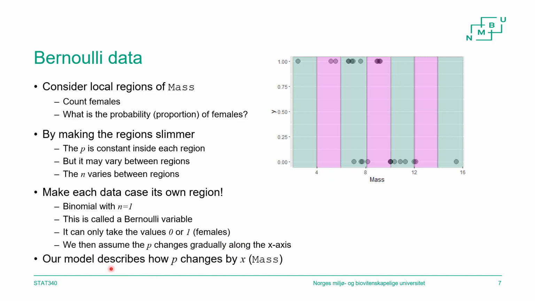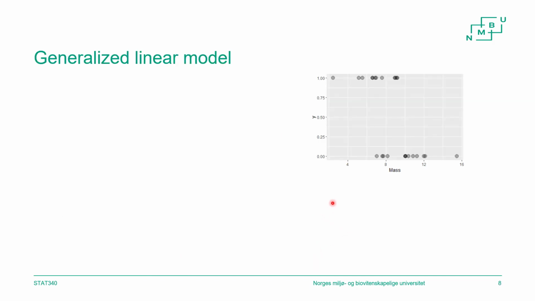So our model now describes how this probability changes by x. That's what we are going to do now. And that leads us to the generalized linear model.